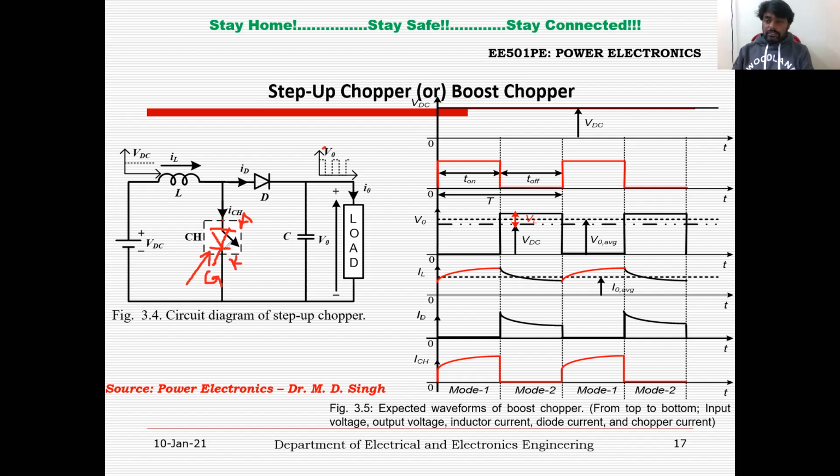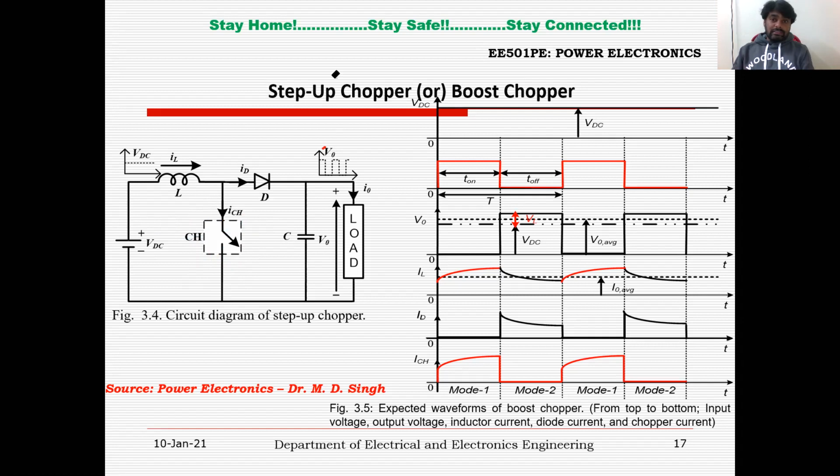In addition to this main SCR, we also have a commutation circuit, and the purpose of this commutation circuit is to turn the main SCR off. We are not bothered about how that commutation circuit is connected, so we are not focusing on that point. But the purpose of that commutation circuit is to turn this main SCR off. We'll see how we are going to turn it off.